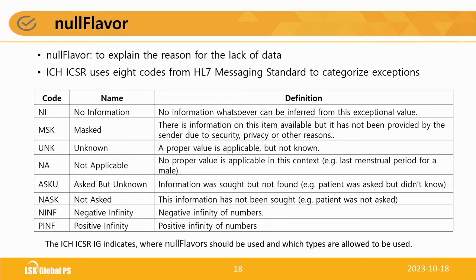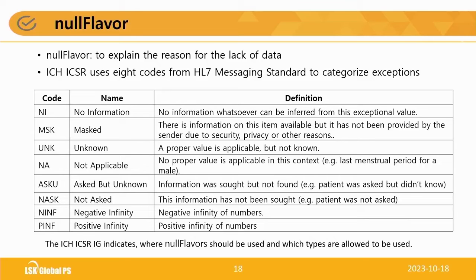And null flavor was also touched upon by Danny earlier. And this is a field that explains the reason for the missing data. So there would be NI, which stands for no information, and then we would have MSK, which would stand for masking.